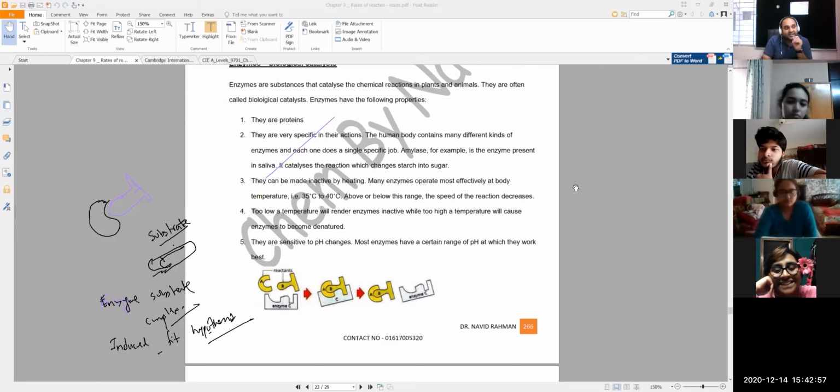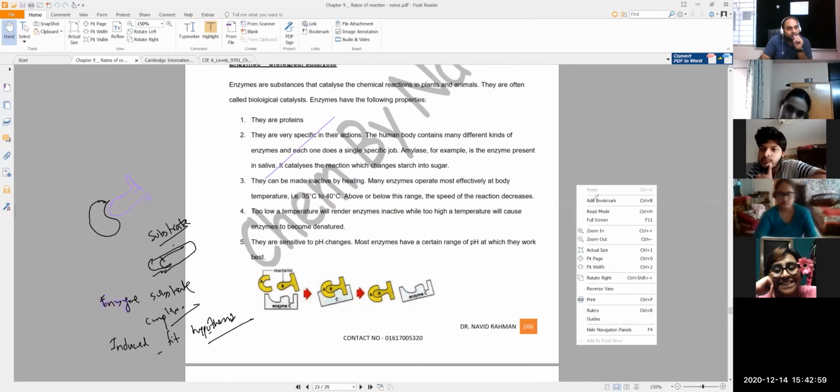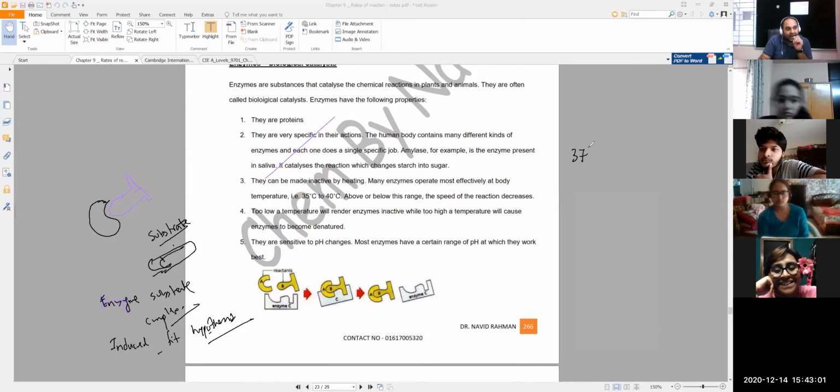Optimum temperature is at 37 degrees centigrade. If you have a higher temperature, like at 40 or at 50, what's going to happen? The egg white, when you fry it on a frying pan, what happens? It coagulates, right? The protein loses its functionality. Here it's the same thing.